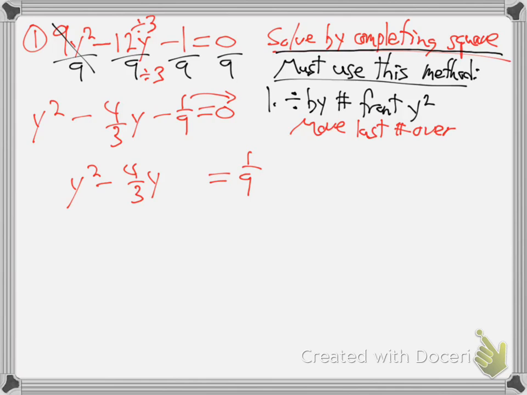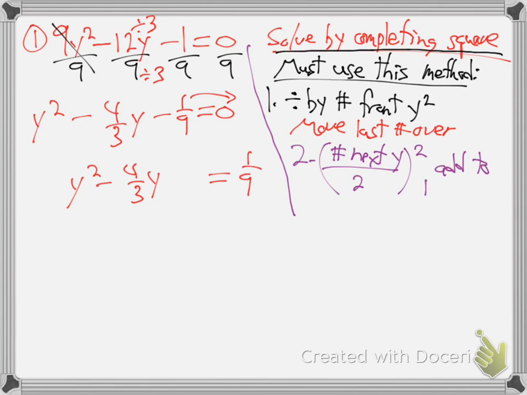Okay, now step 2. These are the instructions here. Step 2. Take the number next to y, over 2, squared, add to both sides. So I'm going to take this number over 2. How do you do a fraction over 2?